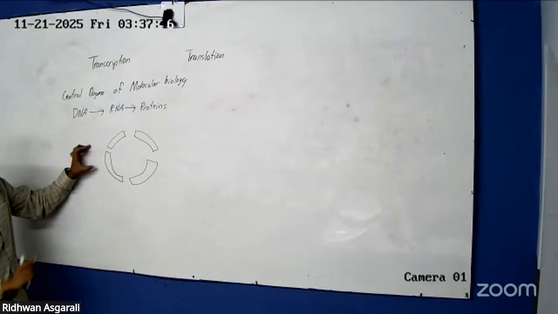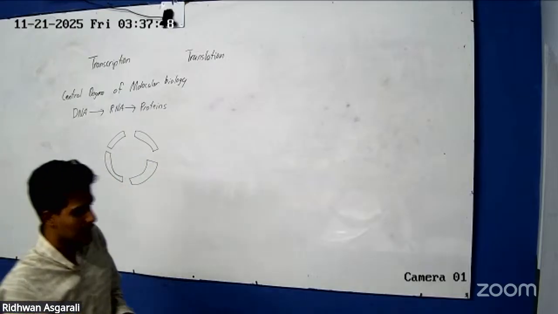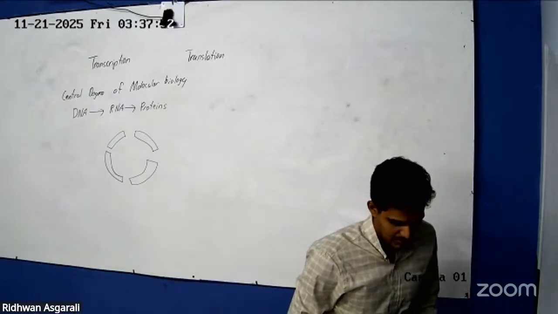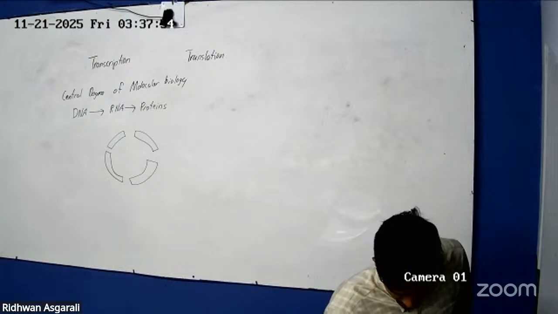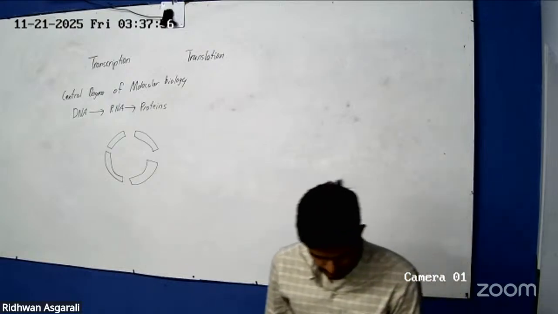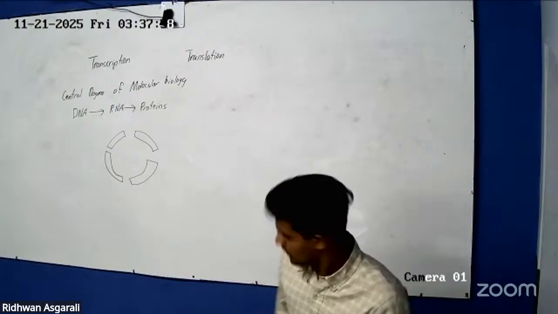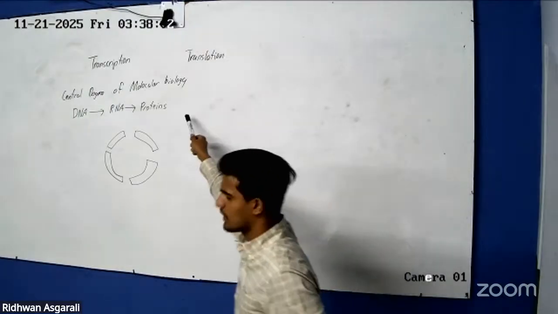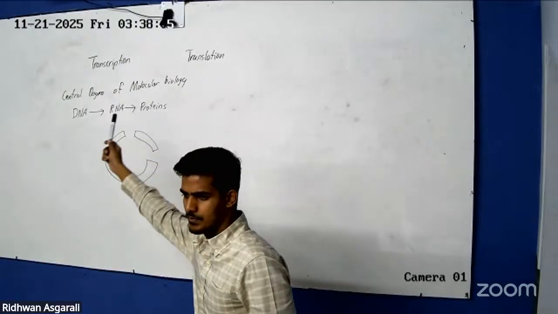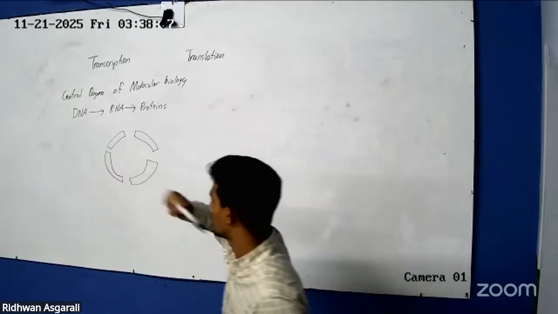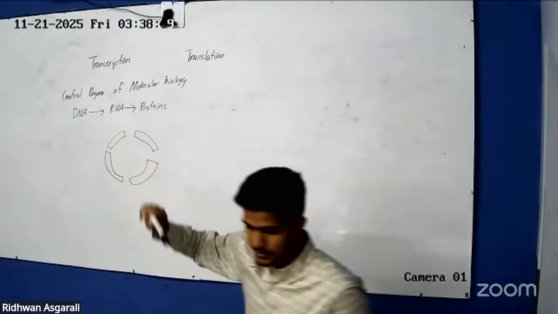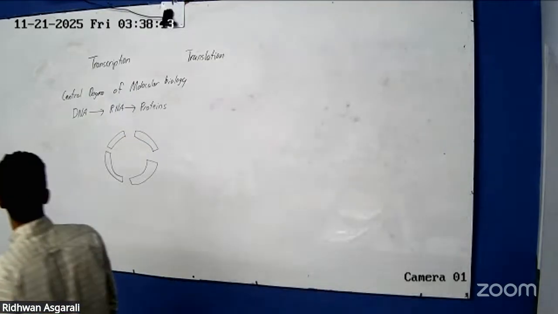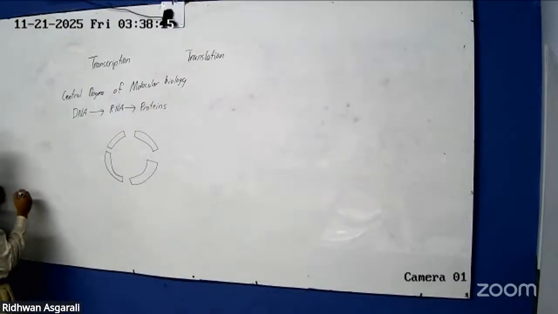Today we have to go into a little bit more detail. We have to know the enzymes involved and the exact mechanism. Okay, if you all can just take down the central dogma of molecular biology, and then we'll start with transcription.